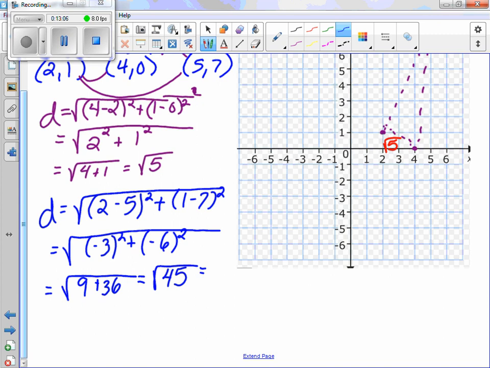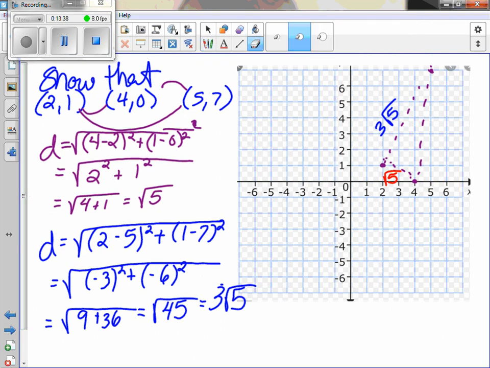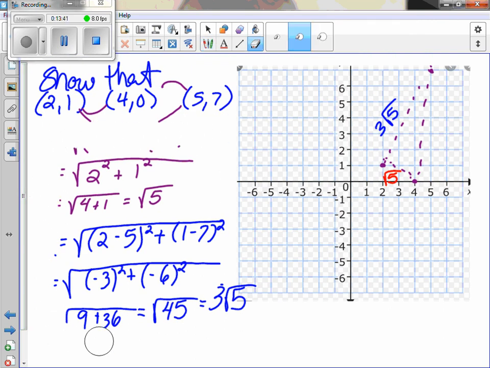What number will divide into 45 that we like? Well, 5. 45 divided by 5 is 9. Is 9 a perfect square? Square root of 9 is 3. So we get 3 square root of 5. And last but not least, we got one more. Now, I'm going to go on and erase this because I just don't have room.